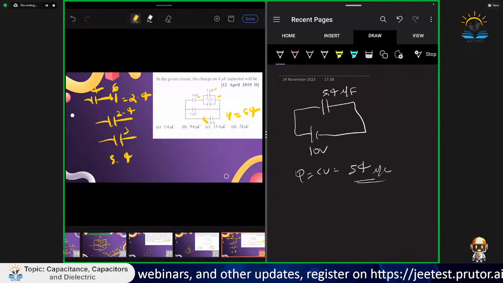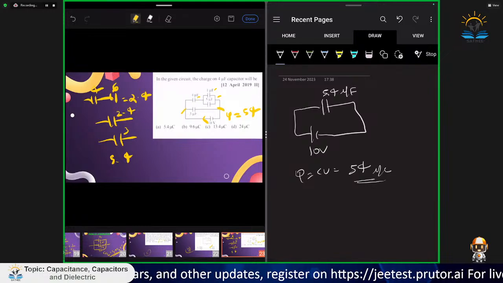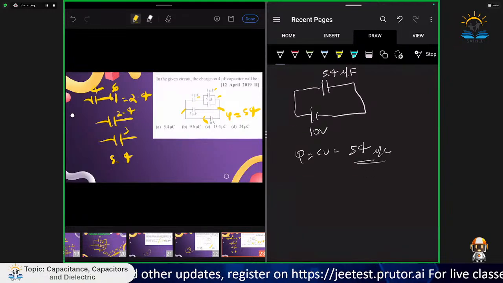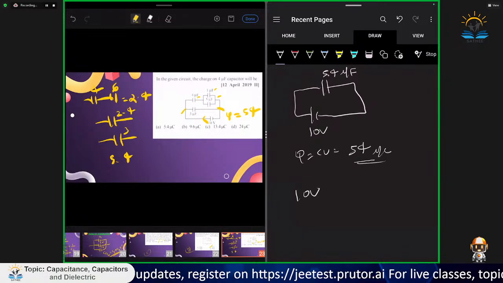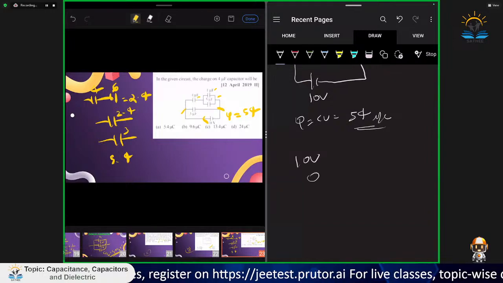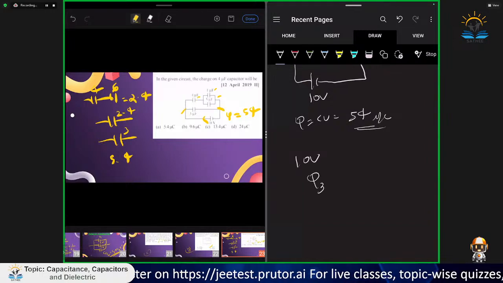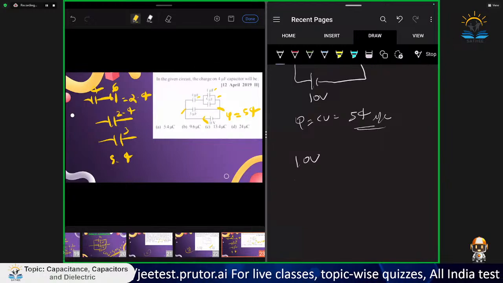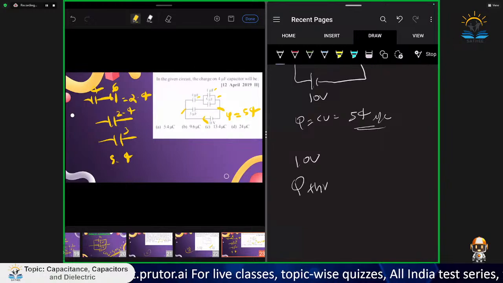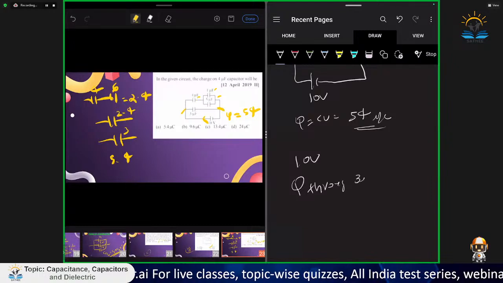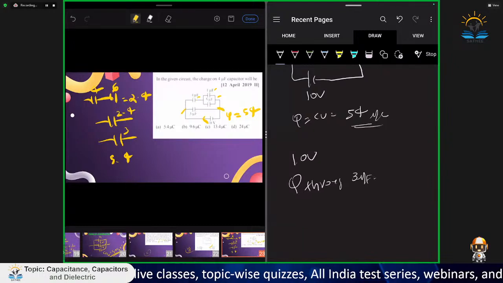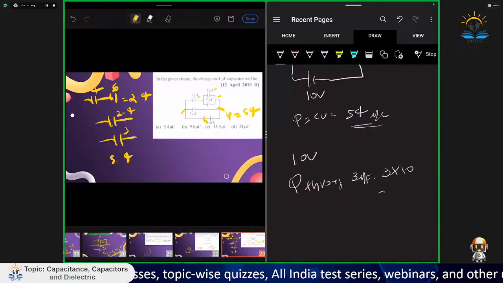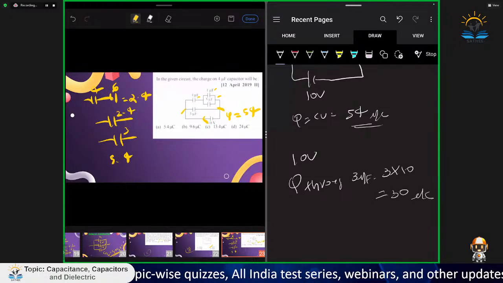Okay, see, across 3 microfarad, what will be the potential? 10 volt. So charge will be how much? Q3, the charge flowing through 3 microfarad, will be C into V. That is 3 into 10, that is 30 microcoulomb.